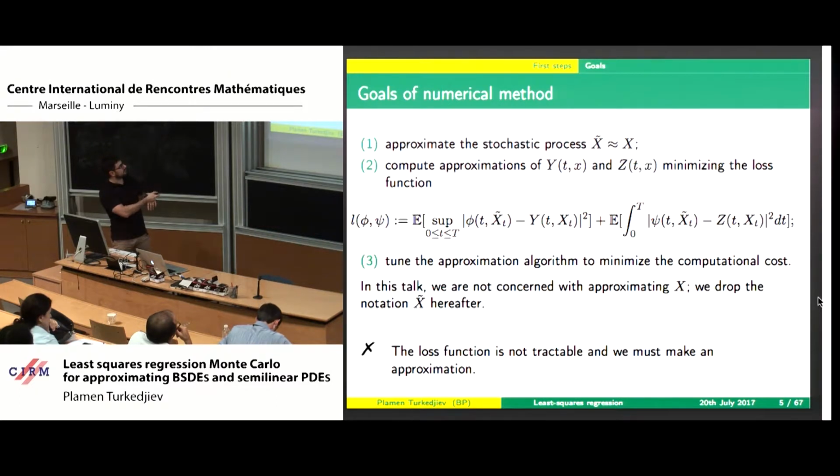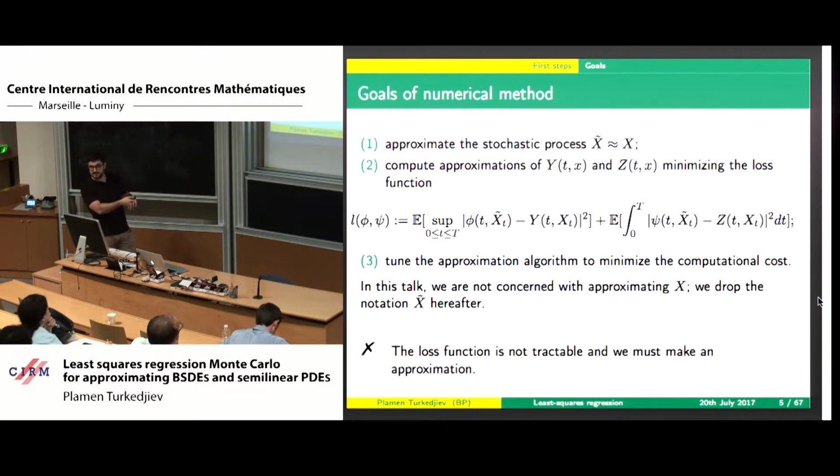And we will approximate the functions y and z in a way that we try to minimize a loss function over functions in time and space, which is described by this norm.